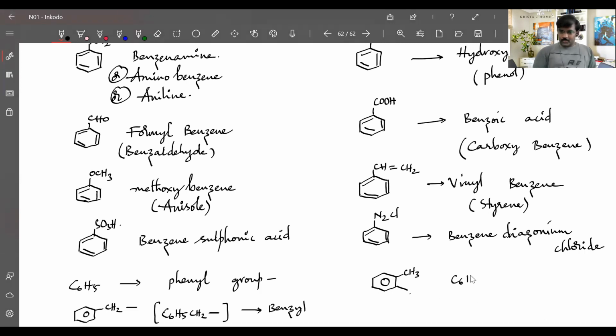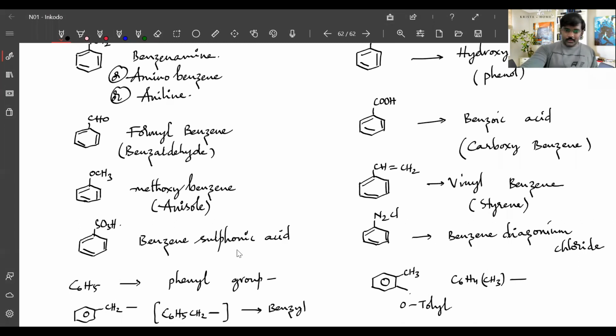You can simply write it as C6H4CH3. The CH3 is not attaching; only the benzene ring is attaching to the parent chain. So that time we take it as orthotolyl group. Likewise we'll be writing it.